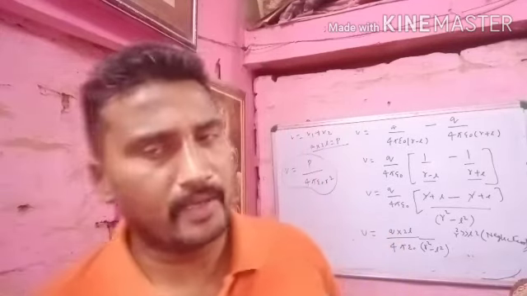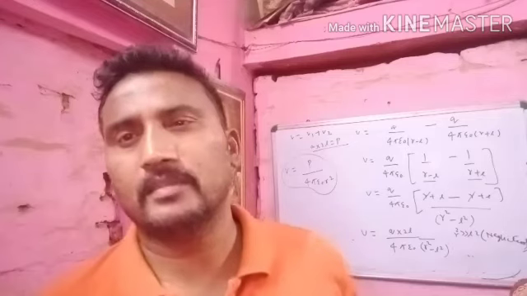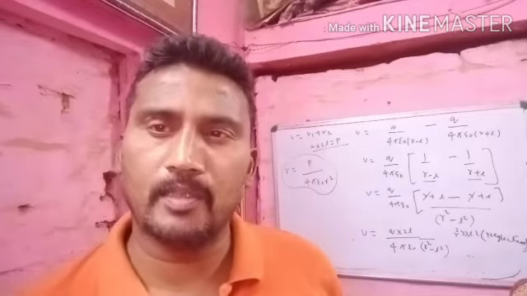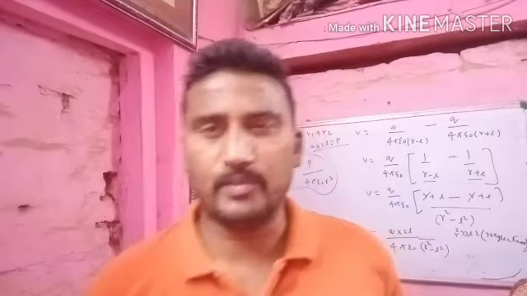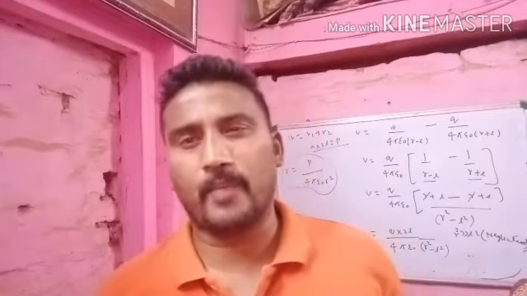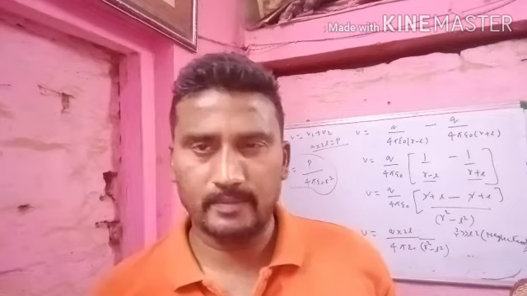V1 in the AP direction is q upon 4 pi epsilon naught into r minus L, and V2 in the BP direction is minus q upon 4 pi epsilon naught into r plus L.